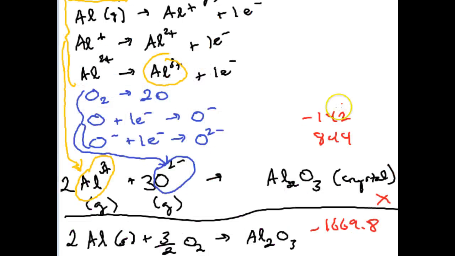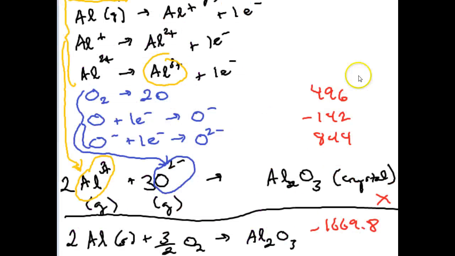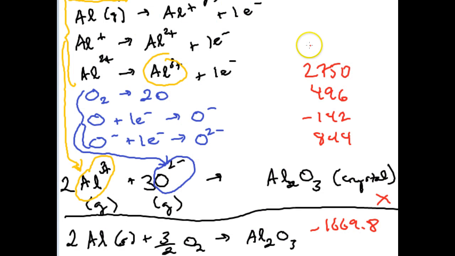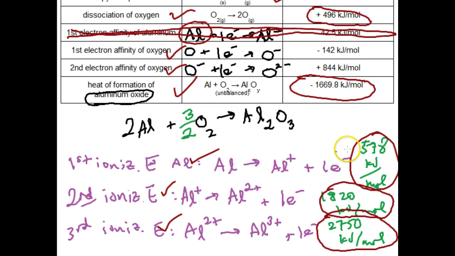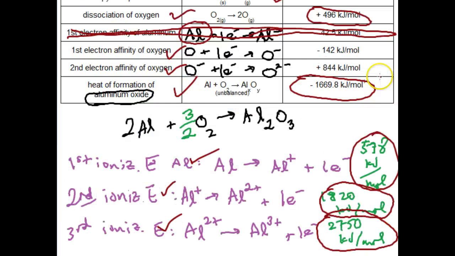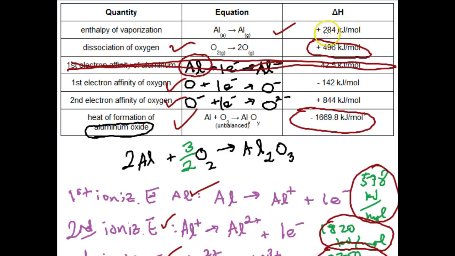That's 496. We know the energy for this. That's aluminum. That's 2750. You see what I'm doing, right? We know the energy for this, 1820. Just notice what I'm doing operationally right now, just at a very menial level, and then the conceptual part I'll bring in a very short moment. Okay, and you know what I'm doing with this for the vaporization. We have that energy, 284.